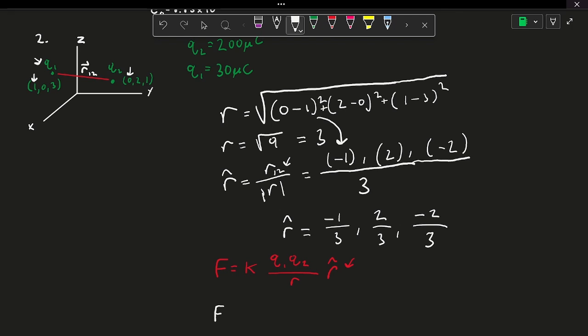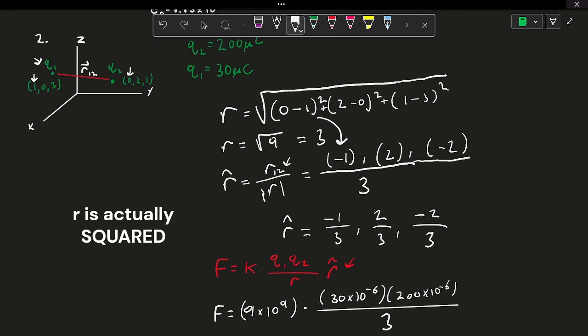So F is going to be equal to 9 times 10 to the 9th, which is K, times Q1, which in this case is 30 times 10 to the negative 6, times 200 times 10 to the negative 6, which is our Q2, all divided by 3. And plugging that in very quickly, this is going to be equal to 6 times 10 to the 6th. And that's going to be newtons.